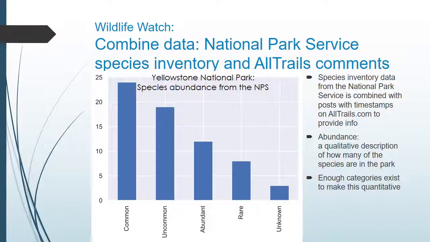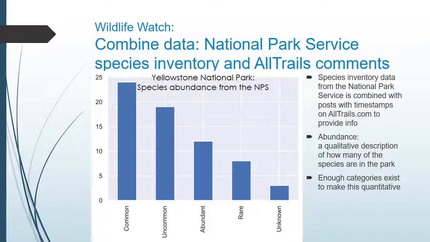So the data I got is from the National Park Service and from alltrails.com. The National Park Service has an inventory of the different species that are in each of their national parks. Here you can see a lot of the labels that they use for the population of each animal. Some will be abundant, some will be rare.